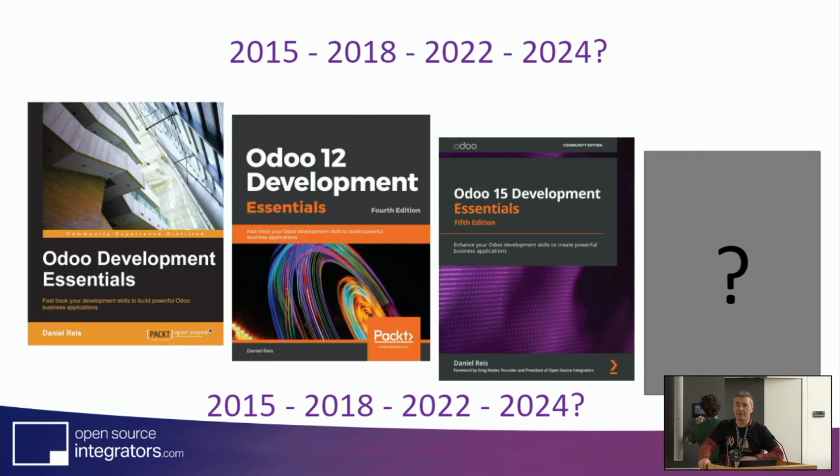So here's a few. I think there are 5. The last one is the 5th edition. So we've been doing updates. It started with Odoo 8, Odoo Development Essentials. That's 2015, so that's 8 years ago. So that's a while. Oh, that sounds better. Thank you. And the last book was Odoo 15 Development. It's difficult to keep pace with the yearly releases of Odoo.